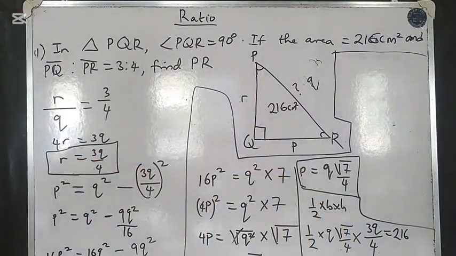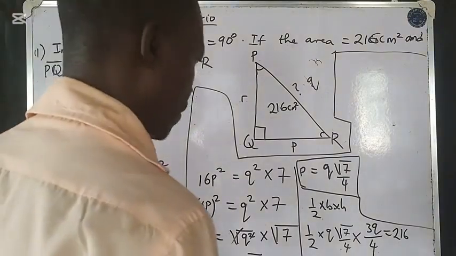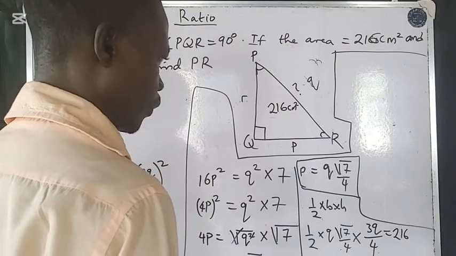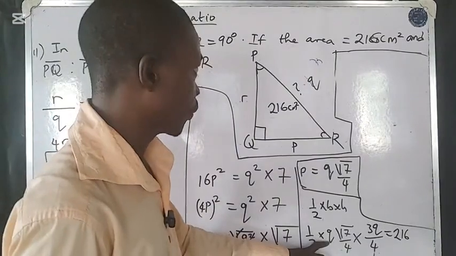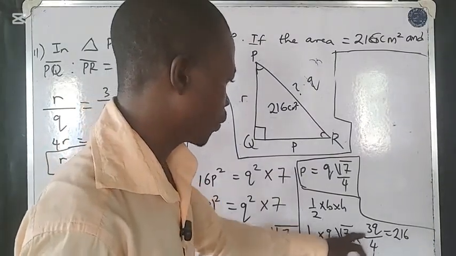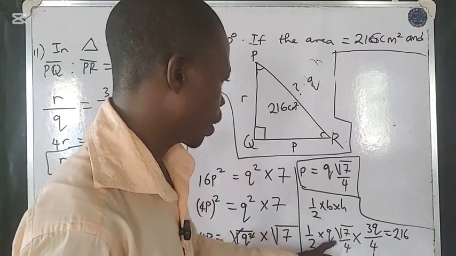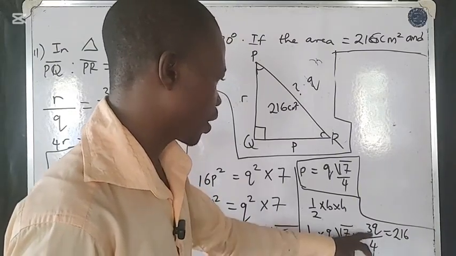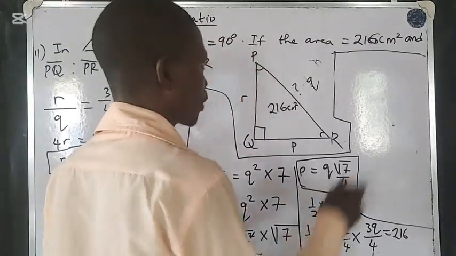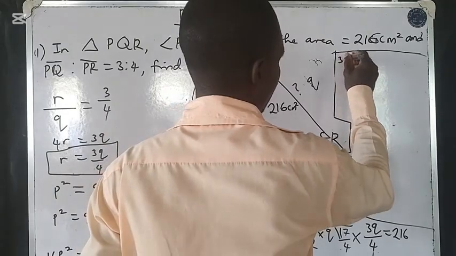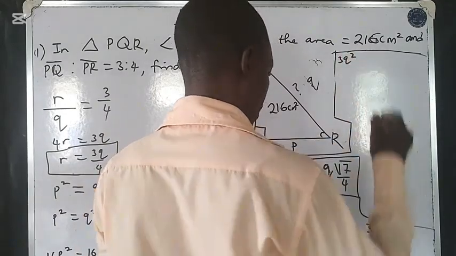At this point, what do we do? We do the needful. We can cross multiply. If we cross multiply, we have 2Q here. Q times 3Q will give us 3Q squared.